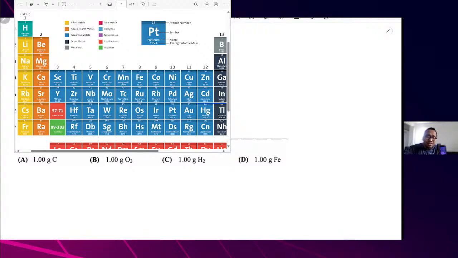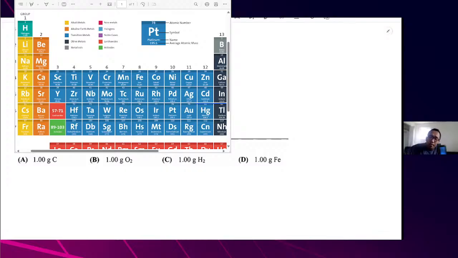Like I mentioned, Avogadro's number is 6.022 times 10 to the power of 23, right? But what is it exactly counting? Avogadro's number is a counting unit, just like a dozen, like 12, or others.